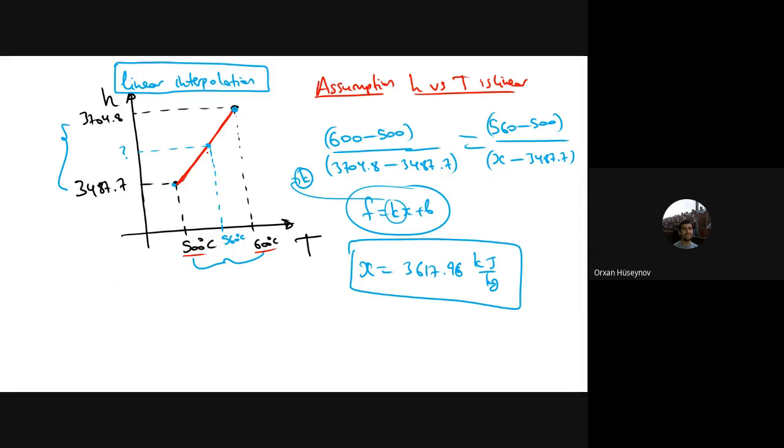From that linear graph, the slope should be the same, whether you take this point or that point. Due to that slope, you can find the value of the enthalpy for that intermediate temperature value. Okay. So this one was from the previous lecture.